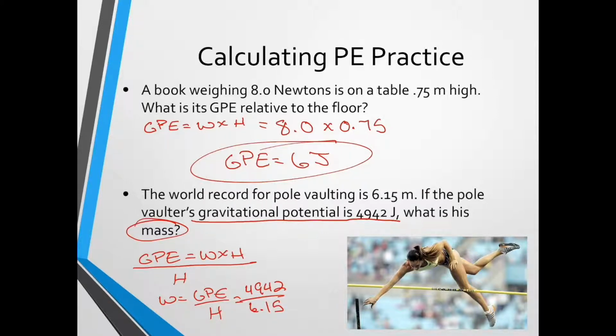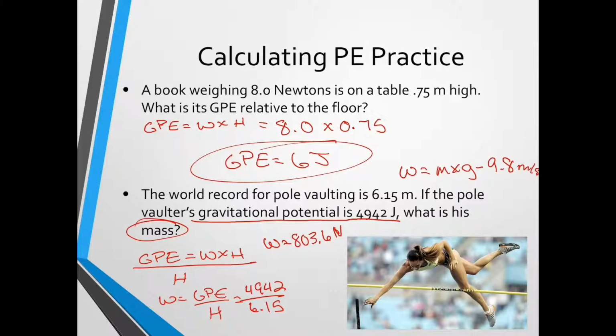You should get a weight of 803.6 newtons. But remember, what the problem is asking for is mass. Like I reminded you on the previous slide, our weight equation is mass times gravity, and gravity is 9.8 meters per second squared.